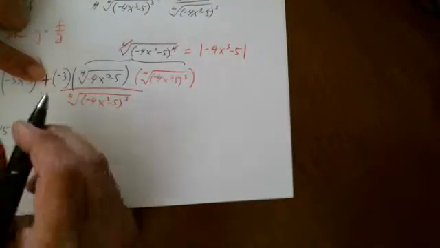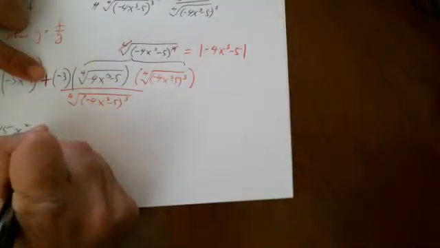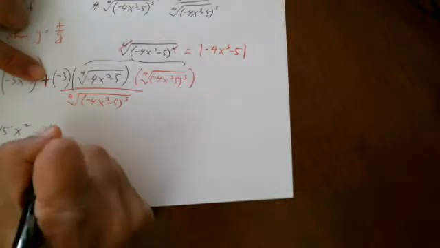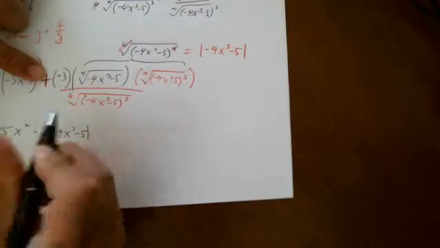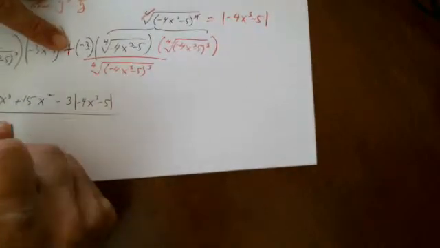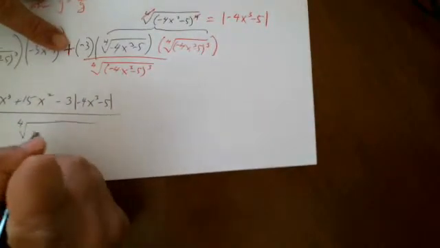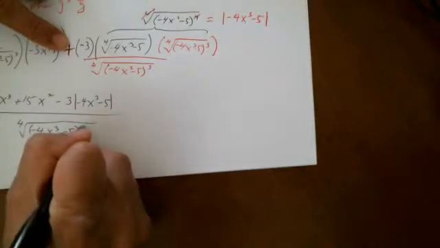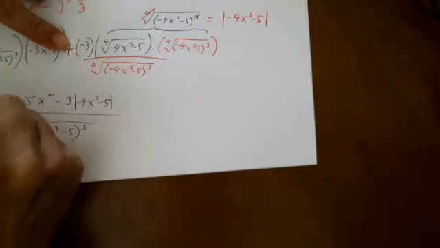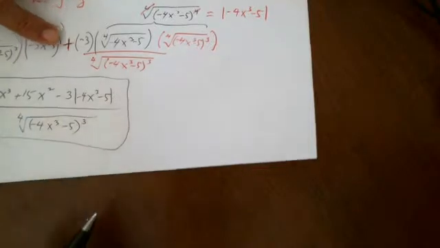And then I'm going to multiply by negative 3, so it should be minus 3 times the absolute value of negative 4x cubed minus 5, all over the fourth root of negative 4x cubed minus 5, and that whole quantity cubed. That should be the answer.